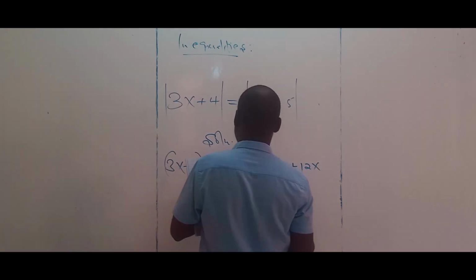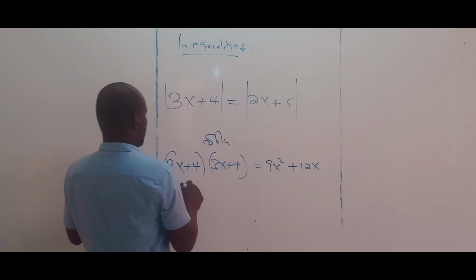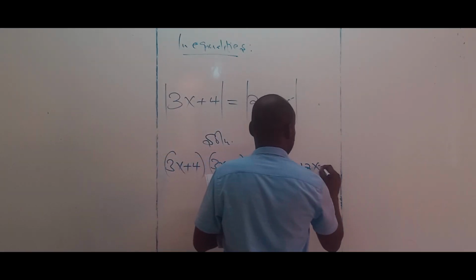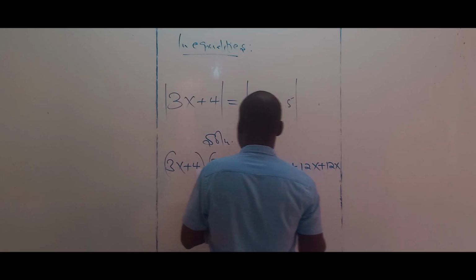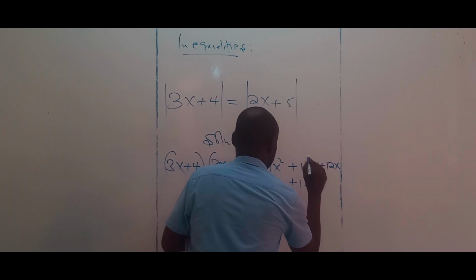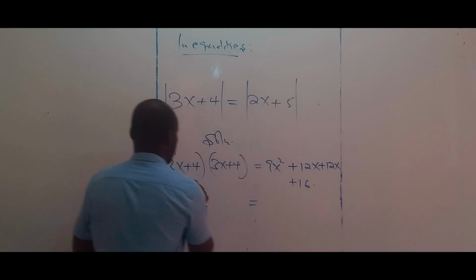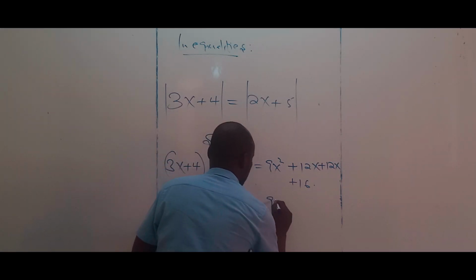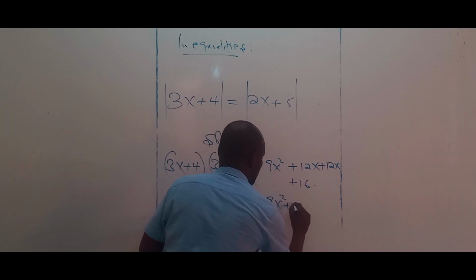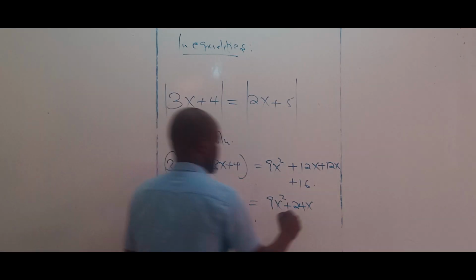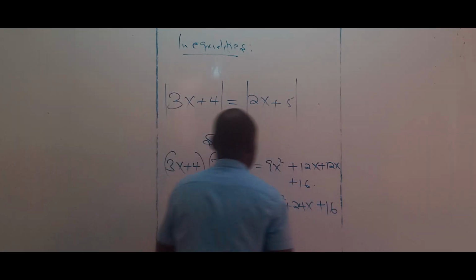Then this by this, plus 12x. Then this by this, plus 16. So what we have by squaring this is 9x squared plus 24x plus 16.